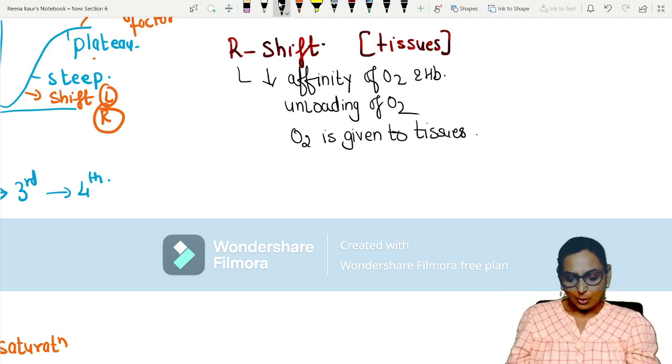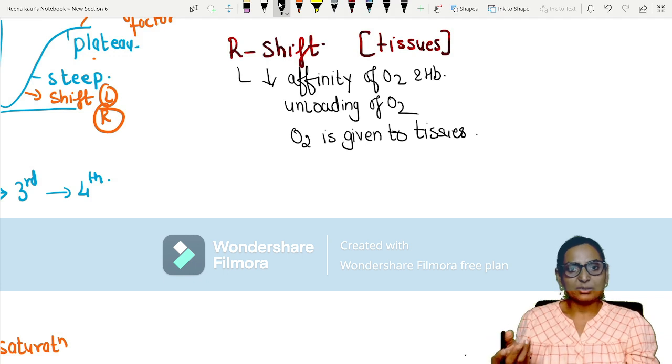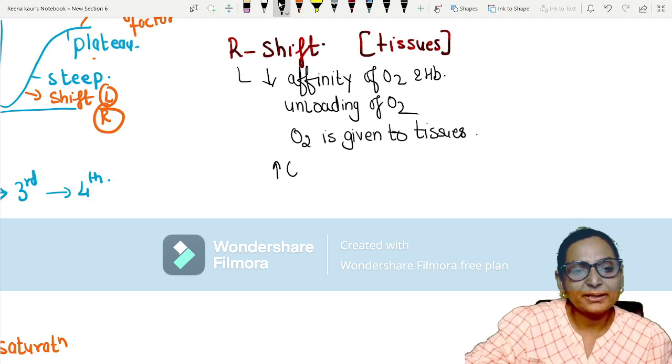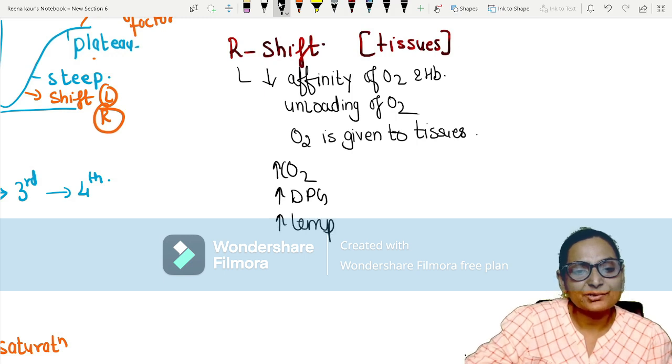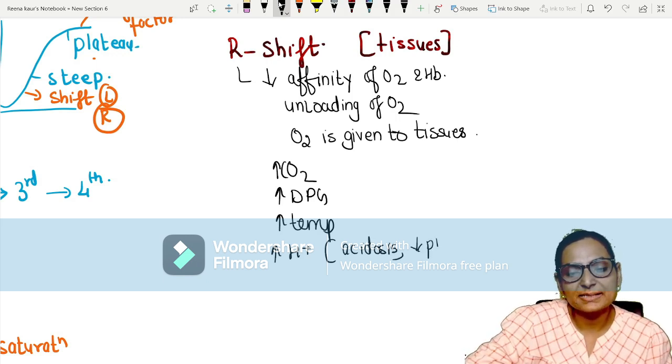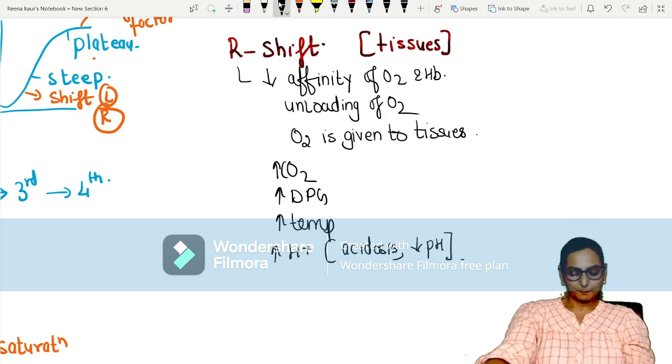Obviously when they are undergoing metabolism, when they are utilizing oxygen. And whenever oxygen is used and there is metabolism, there is going to be an increase in carbon dioxide, DPG, temperature, H plus. H plus increase can be written as acidosis or a decrease in pH.